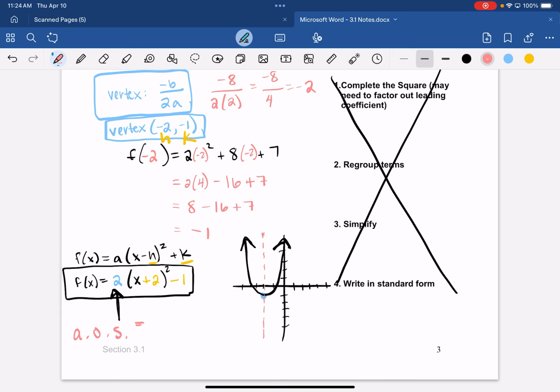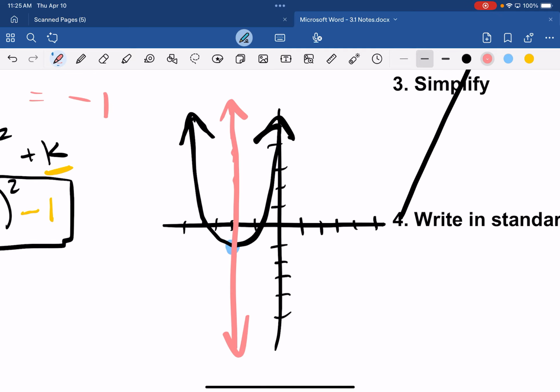If this was a line, I'll actually draw it as a line now. What would the equation of that line be? That vertical line, what would that equation be? It's a weird one. What number do we go through? Not -1. -2.